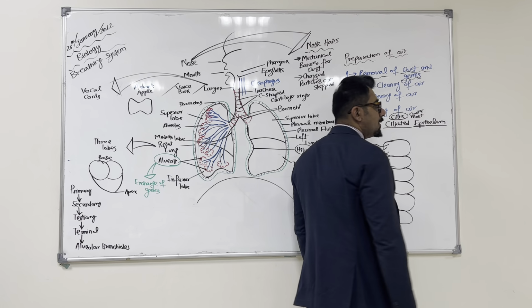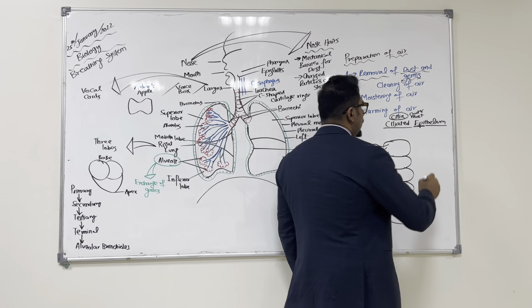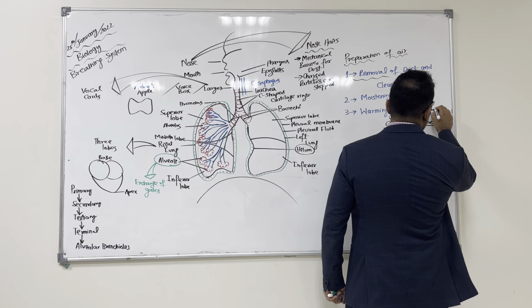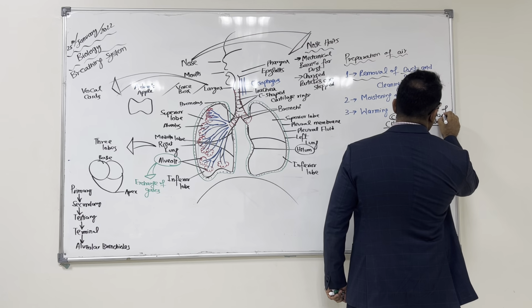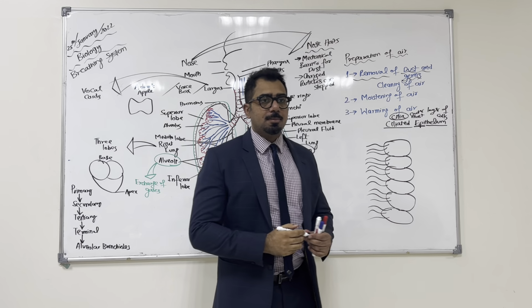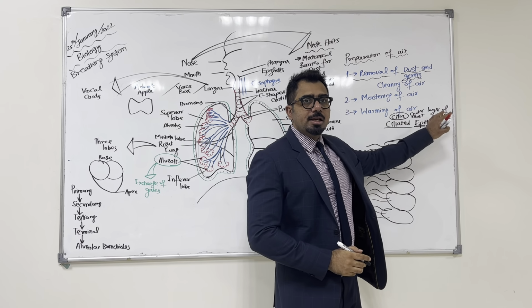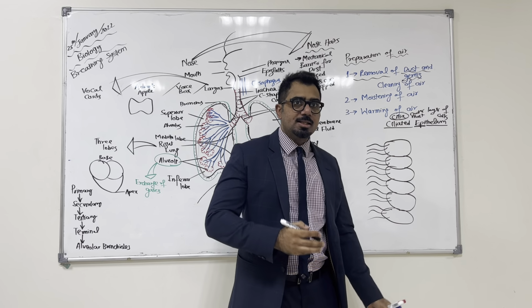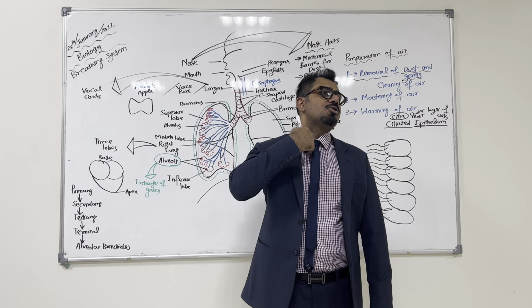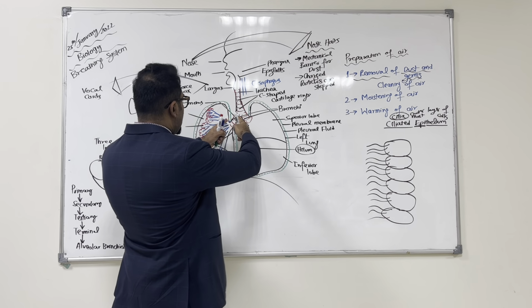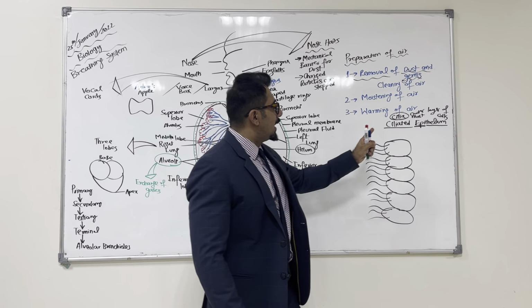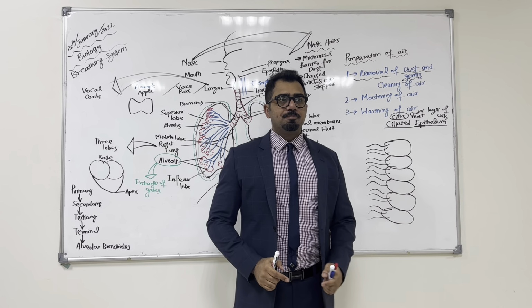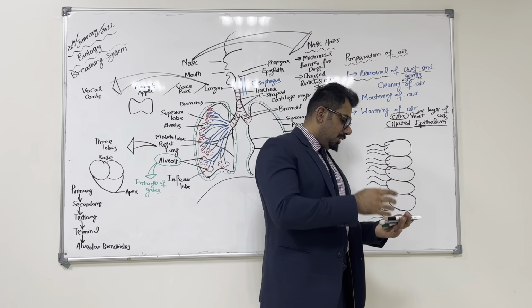And wherever you see the word thelium, it means layer of cells. So the complete meaning becomes outermost layer of cells that have cilia. So this is the outermost layer of cells in our nose, trachea, bronchi and bronchioles that have cilia in them.